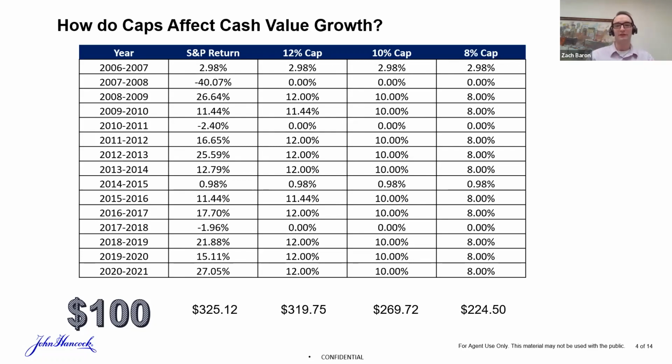The cash value growth potential, just based on falling caps, has pretty significantly deteriorated. If you're looking at an 8% cap here, you're only left with just under $225, whereas the 12% cap was similar to the S&P return over that same period. So falling caps have definitely impacted the ability of IUL to give that upside potential, which was part of the original value proposition.